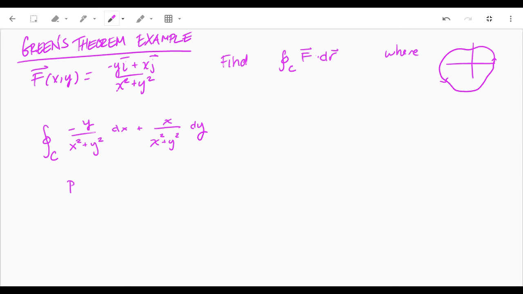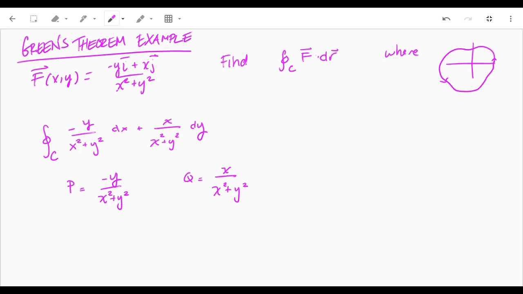So P would be negative y over x squared plus y squared, and Q would be x over x squared plus y squared. And those are not continuous at the origin.